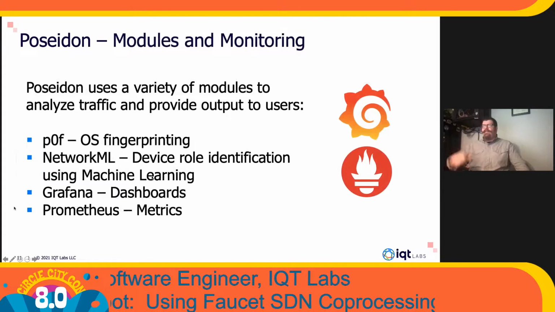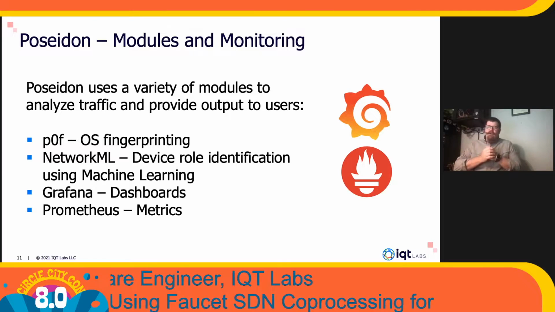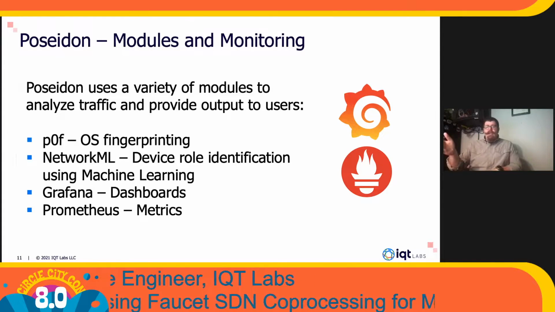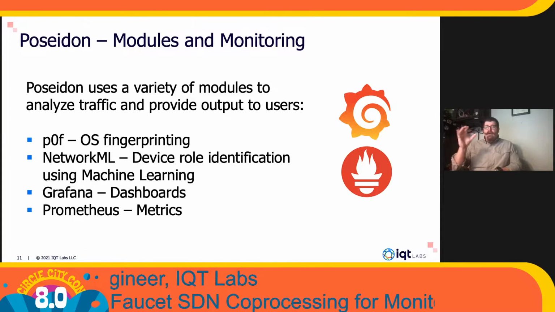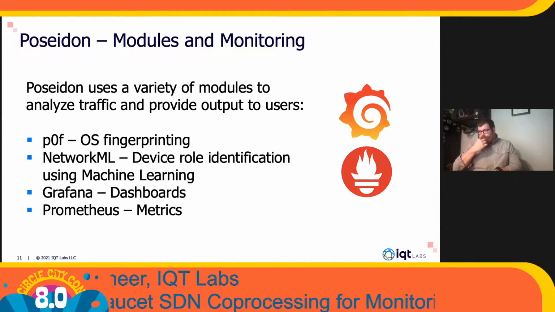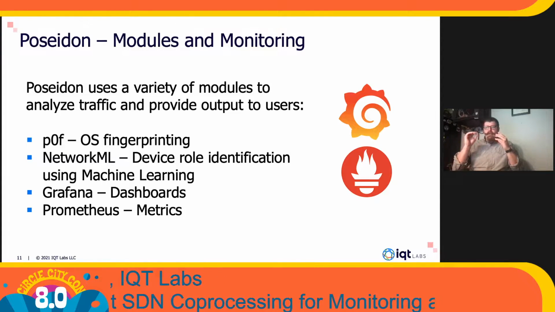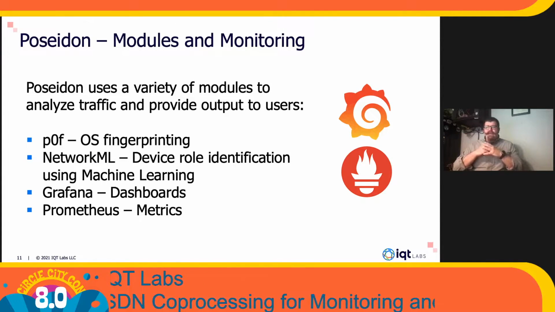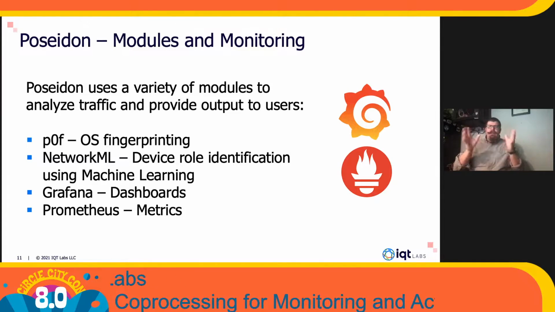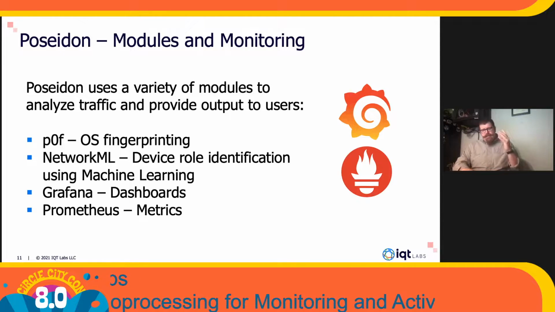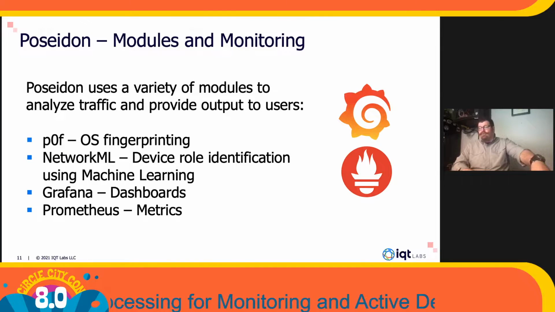So a couple of the things that we're using under the hood there, we're using p0f to do OS fingerprinting. We're using Network ML, which is a machine learning model that our team has developed in-house that is focused on device role identification, with the thought being that, let's suppose you have this device and, 2 weeks ago, it was behaving like a business user's workstation.